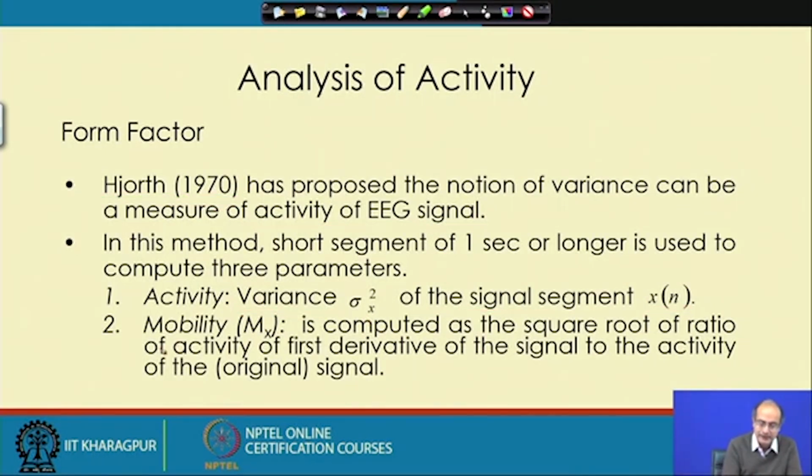they have suggested that we should take the mobility. He has defined something called mobility of the signal. Now, mobility is nothing but the square root of the ratio of the activity of the first derivative of the signal to the activity of the original signal.